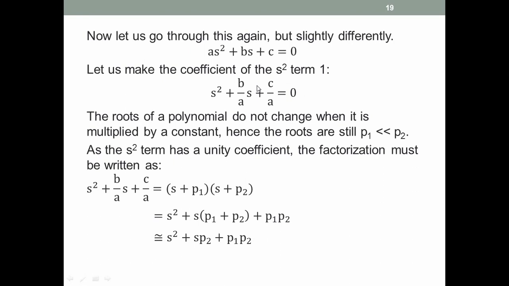The roots of a polynomial do not change if we multiply the polynomial by a constant. It's kind of obvious, so I will not prove it, but it's understood. So we know that the roots of this are also p1 and p2, with p1 much less than p2. Now we say, but because of the form of this, when we factorize this, we'll write it in this form.